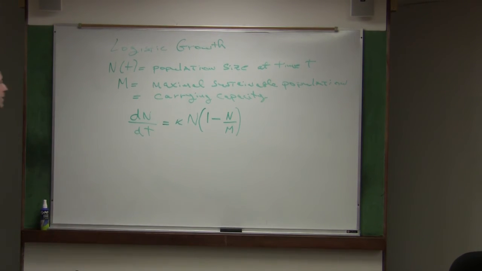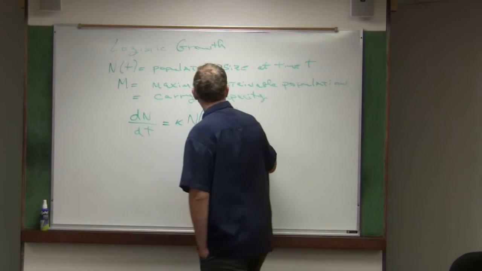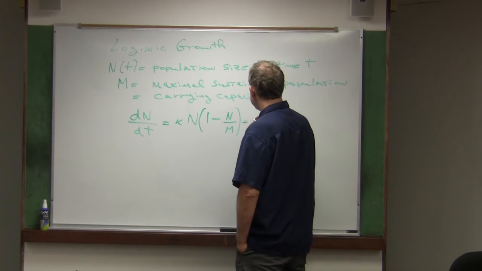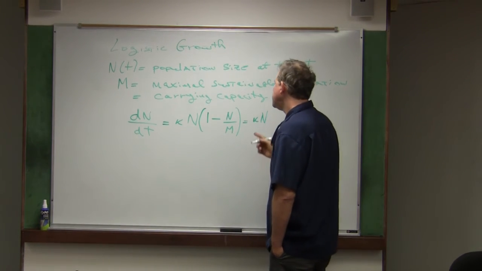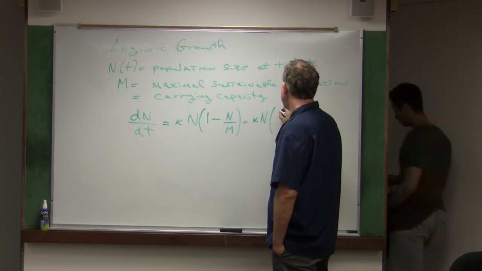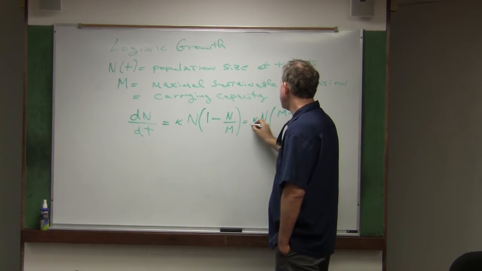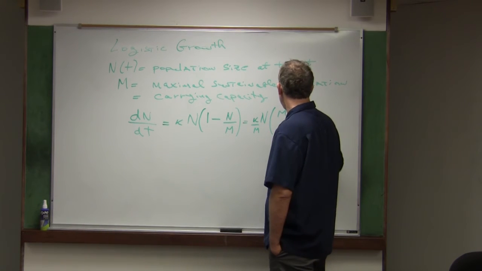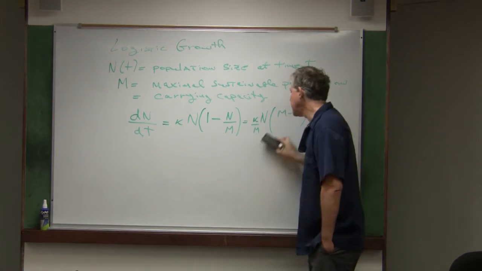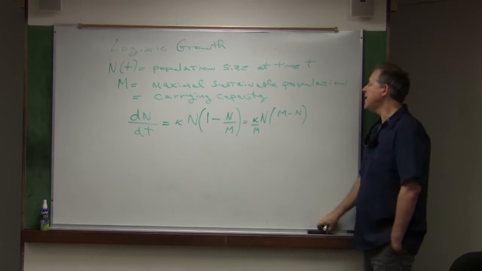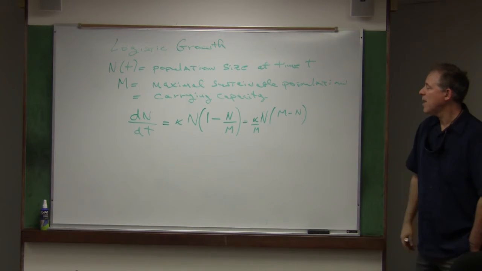So let's rewrite this as kN, and let's write this as (M minus N) over M. I'll put this constant here, so I'm going to rewrite it in this form: (M minus N), k over M.